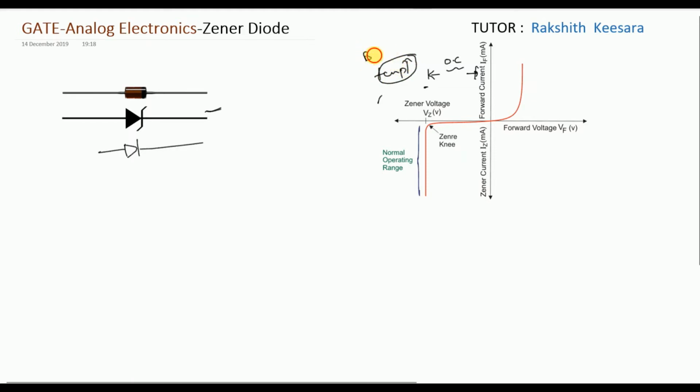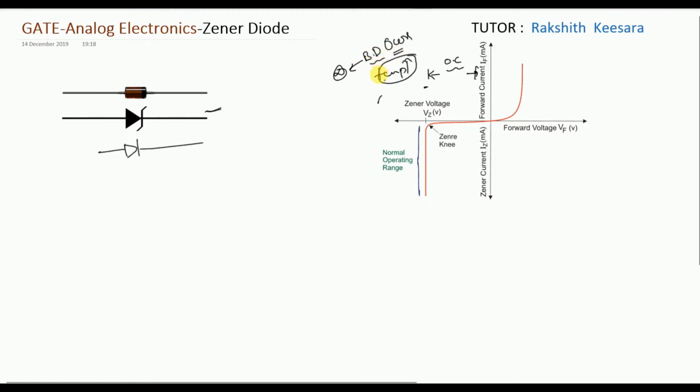So breakdown occurs. What is the meaning of breakdown? It is damaged. It cannot be used as a diode again. Why is it damaged? Because we increased the reverse bias voltage in such a way that the temperature increased heavily.